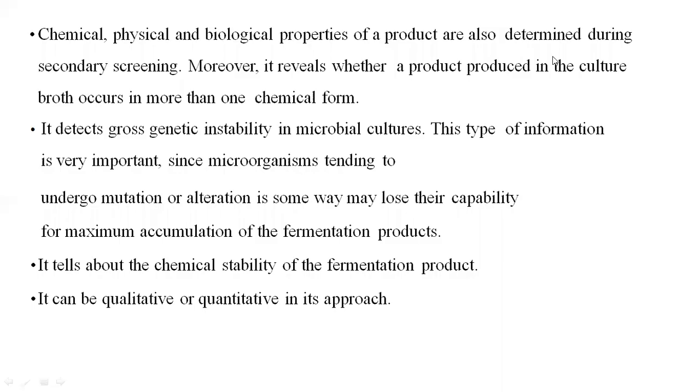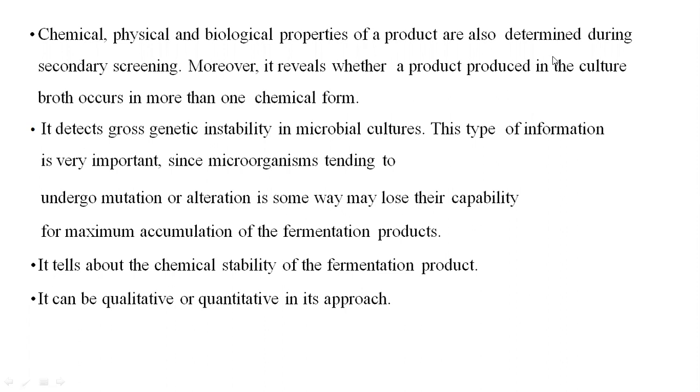As I told you, chemical, physical, and biological properties of a product are also determined during secondary screening. Moreover, it reveals whether the product produced in the culture broth occurs in more than one chemical form. It detects gross genetic instability in microbial cultures.